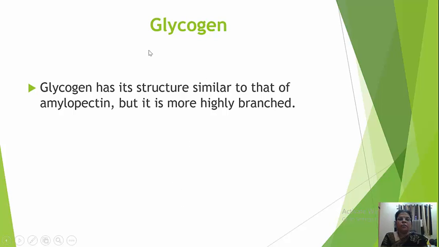Now last is glycogen. Glycogen is an animal polysaccharide which is present in animals. Glycogen has a structure similar to that of amylopectin, but it is more highly branched.